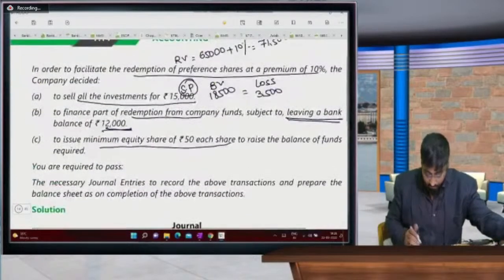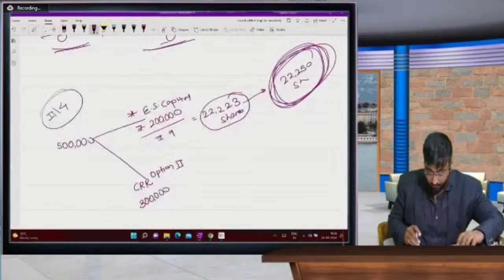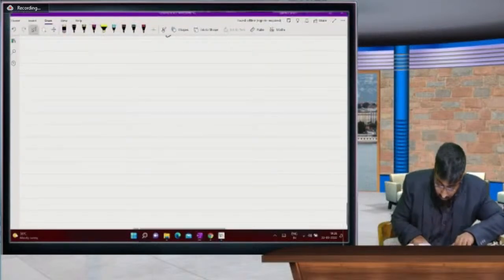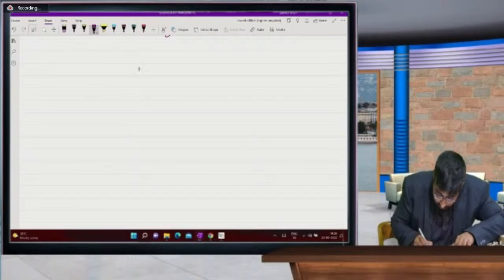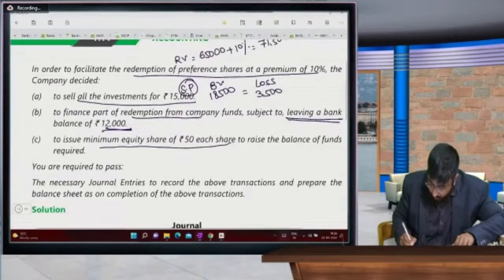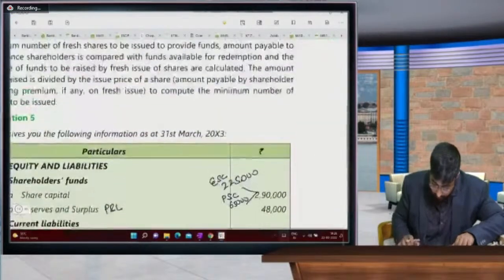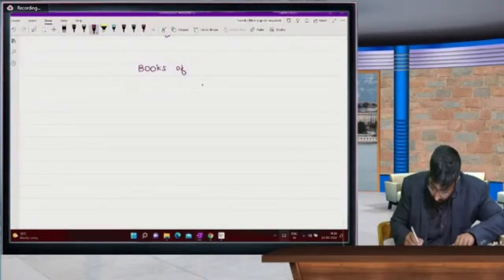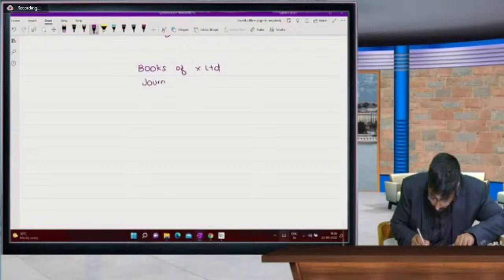So write down now. Now I will write it for you. Journal entries. Write down. Books of, we will solve it in the notebook. Books of X Limited. Journal entries.